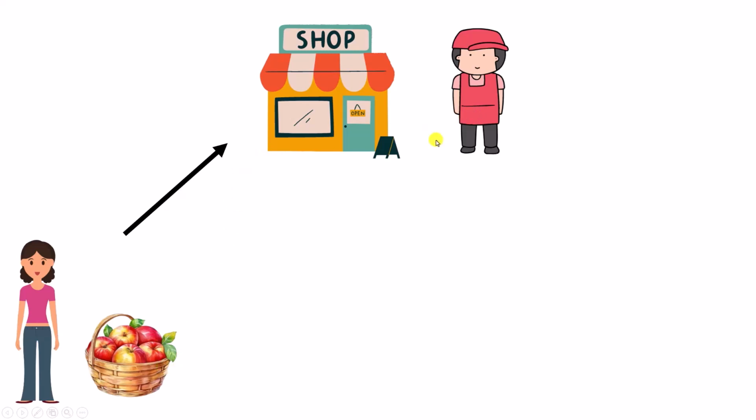The shopkeeper says, all right, I will buy your apples at 80 rupees per kg. If you are from a different country, you can use a different currency here. So the shopkeeper says that he is willing to pay 80 rupees per kg of apples. This lady is happy with the price, so she sells all her apples to the shopkeeper and leaves with the money.